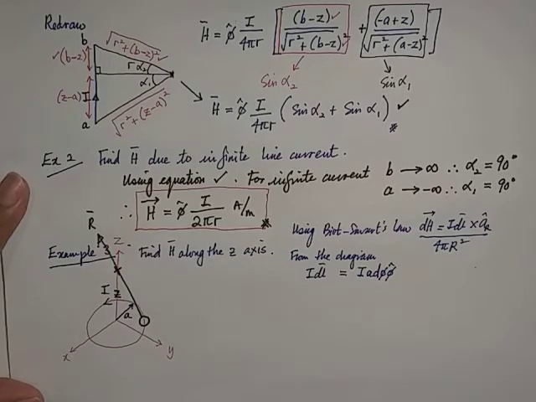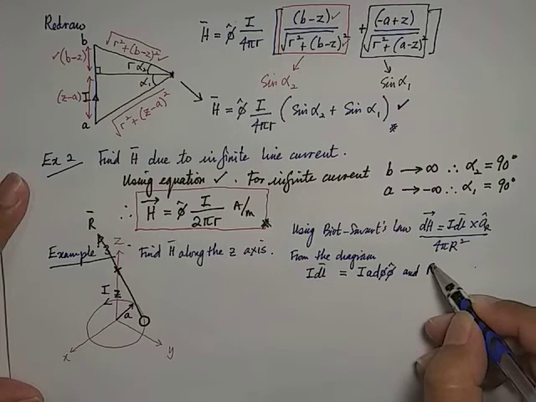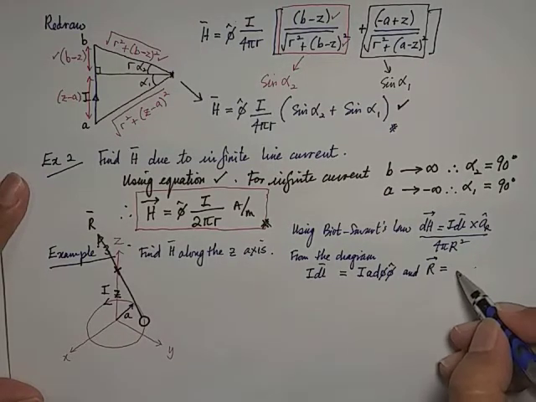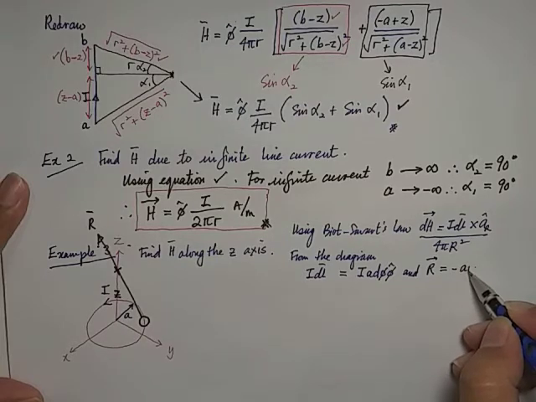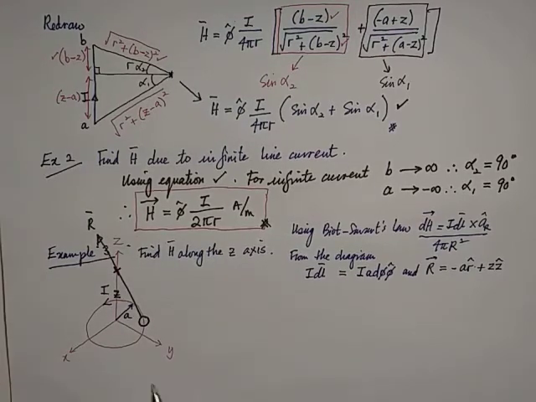Yeah? So therefore done. And the second important parameter to be defined from the diagram is R. Okay, R should be equal to negative a aR plus z aZ. That should be our vector R. Yeah?